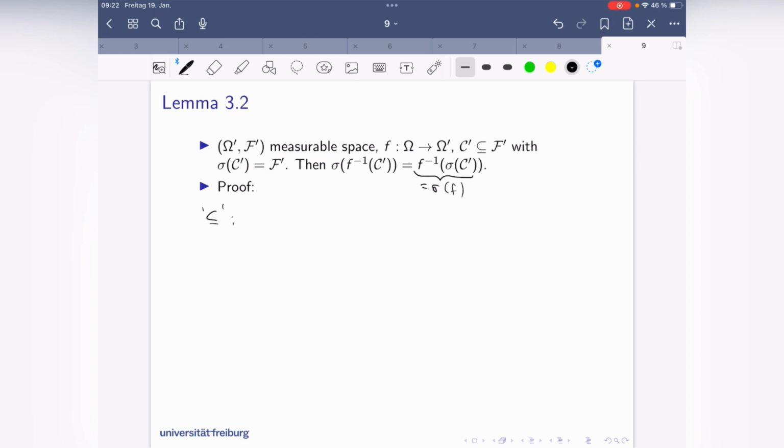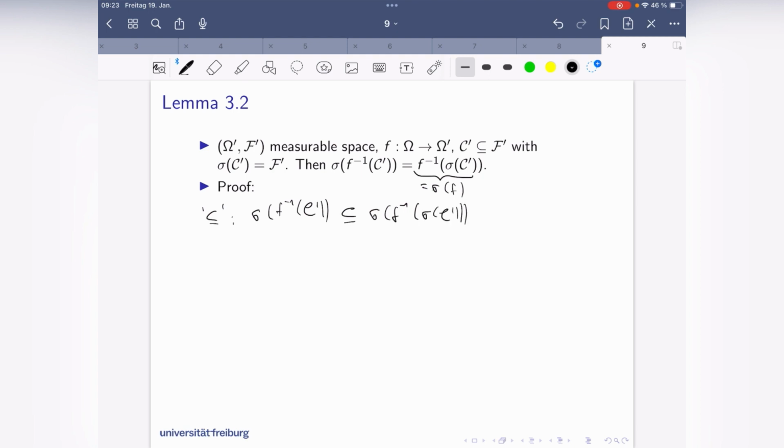First of all, we know that this here is in fact a sigma algebra because that's sigma of f. And I can write the following. Sigma of f to the minus 1 of C', so the left-hand side, is a subset of f to the minus 1 of sigma of C'.